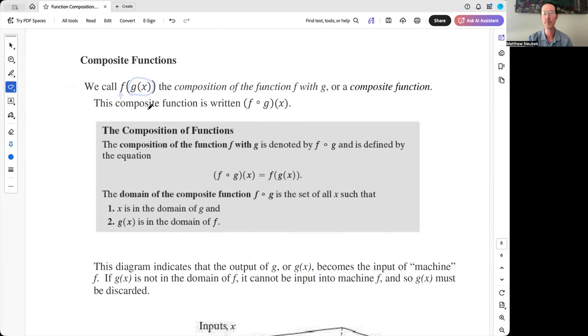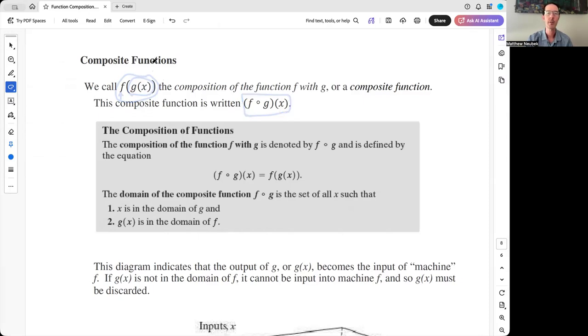So that's different from what we've talked about so far. And this is one style of notation that we use in order to represent a composite function, where one function's inside of another function. This is another way of representing one function inside of another function.